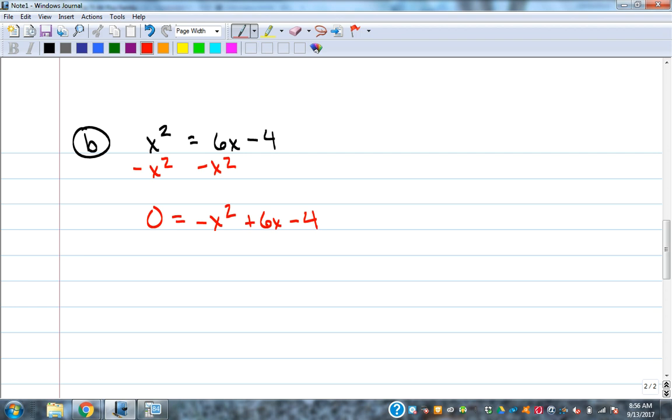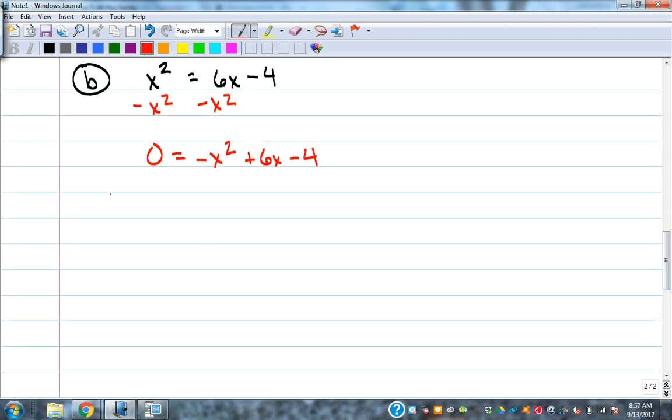I'm going to work it with the negative in there just so that we can see that it works the same way. So a in this case would be negative 1, b for me was positive 6, and c is negative 4. I'm still going to do the discriminant. That'd be 6 squared minus 4 times negative 1 times negative 4.